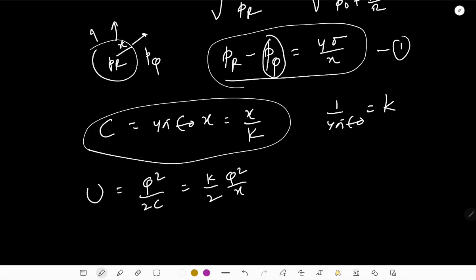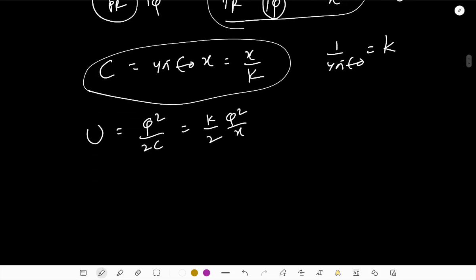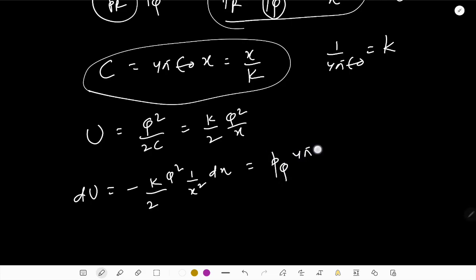That means I need to relate P_q and q, and to do so I'm going to find dU, which will be equal to minus k q square by 2 times 1 by x square dx. This dU can also be written in terms of work done, force multiplied by the small displacement dx, the force being the outside pressure P_q multiplied by 4 pi x square, the surface area.